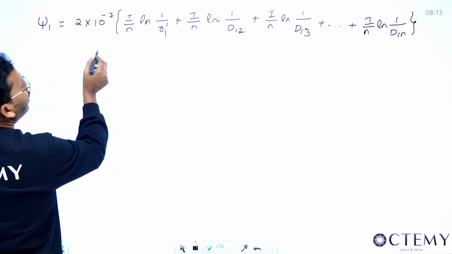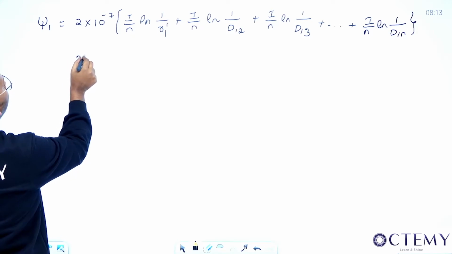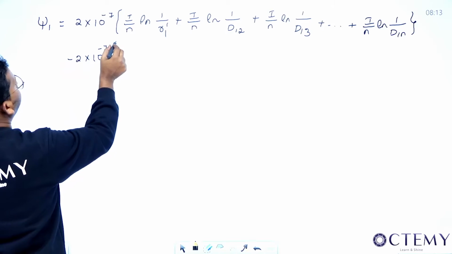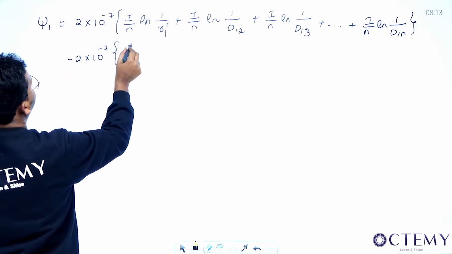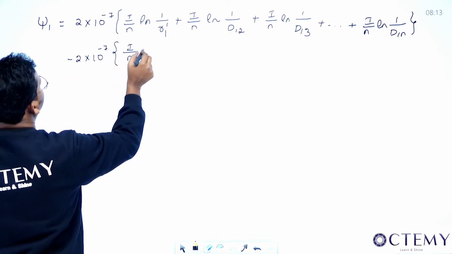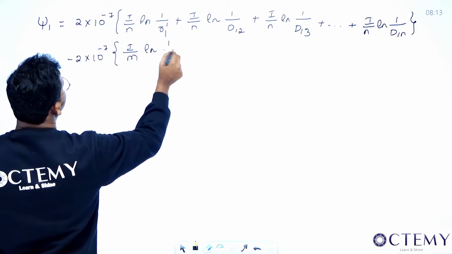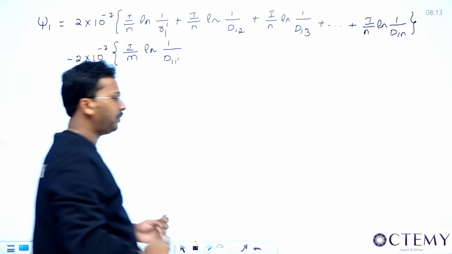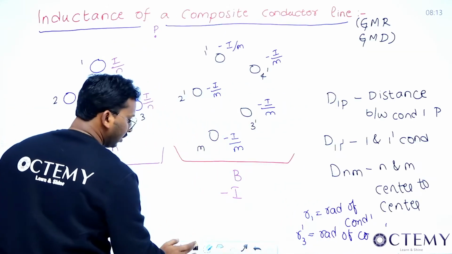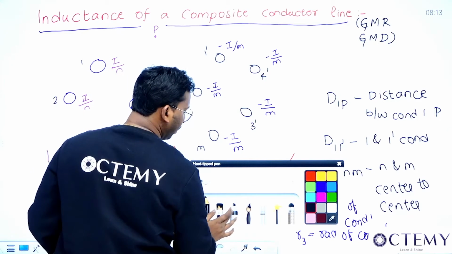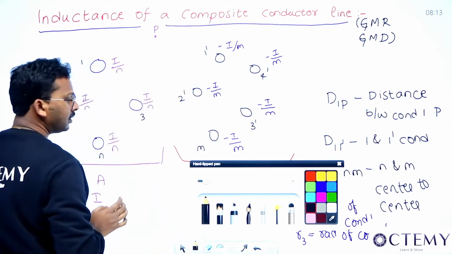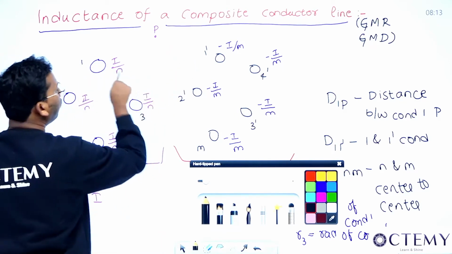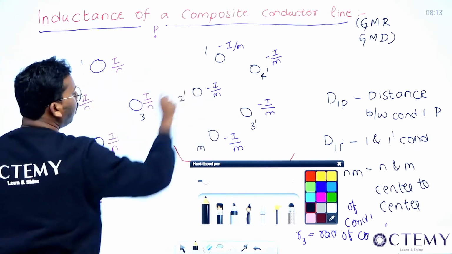Now, there is another current also. So this would be 2 into 10 power of minus 7 into, let me take the minus common because all the currents are having I by M magnitude. So I by M into ln 1 by the distance between the first conductor and the 1 dash conductor. The distance between this and this, this and this, this and this, all of them I have to take.